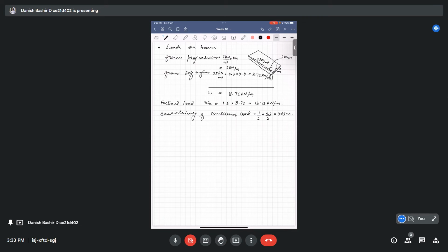So the factored distributed torque Tu will be the surface load 5 kilonewton per meter square multiplied by the eccentricity 0.65 meter, times the load factor 1.5. It comes out to be 4.88 kilonewton meter per meter.